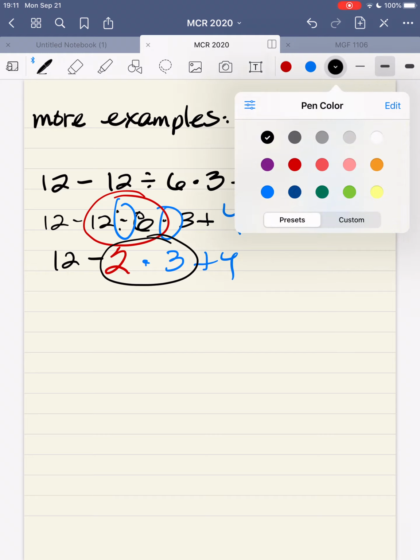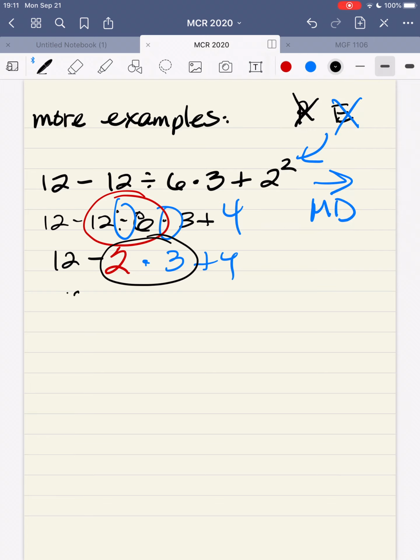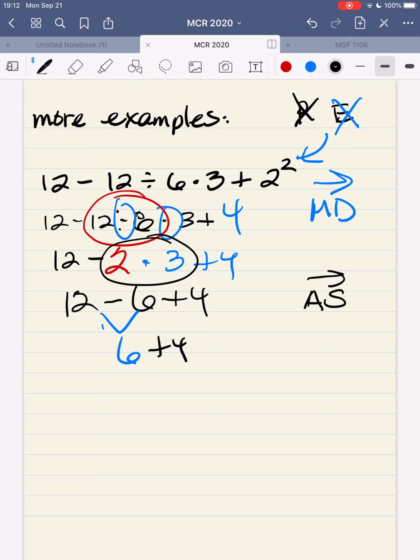So I have 12 minus 2 times 3, which is 6, plus 4. And now I have to do addition and subtraction in order from left to right, which means I need to take care of this part first. So 12 minus 6 is 6, and I have a plus 4, and so my final answer here is 10.